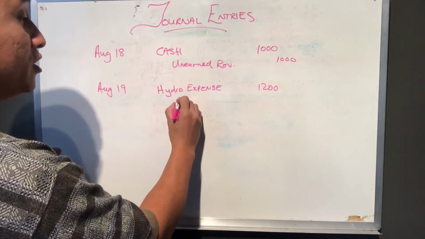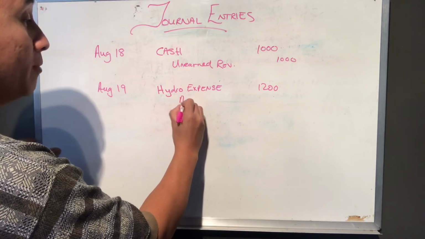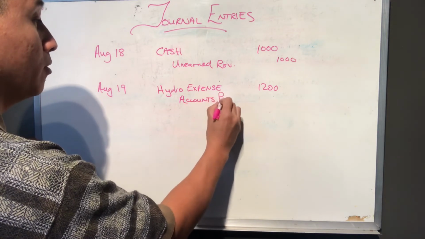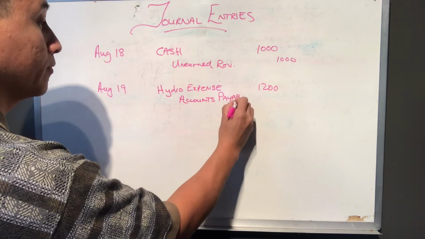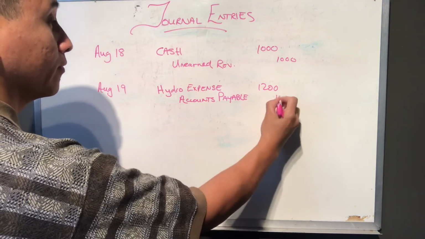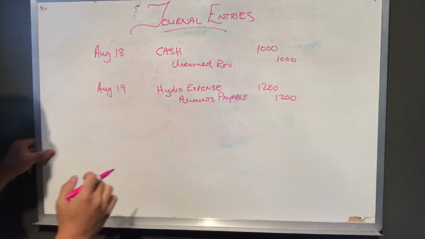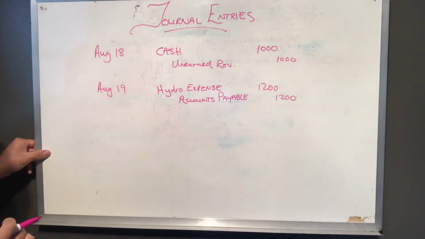And credit, if she's paying on account, that would be a liability, so we could say it's accounts payable. Always keeping in check that under double entry accounting, it's always balanced.